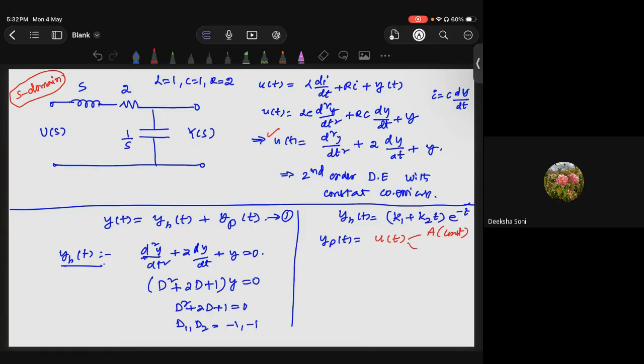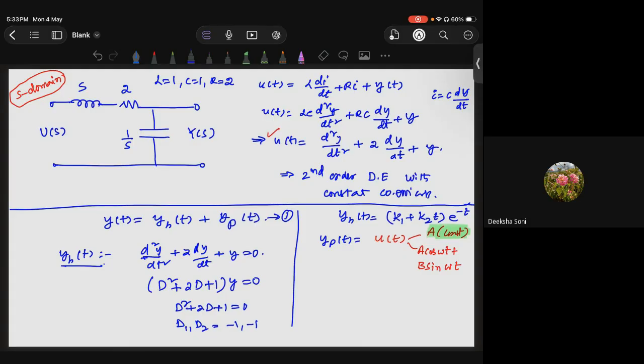If it is an AC source, like sine omega t, we take it as a cos omega t plus b sine omega t. That kind of form we will take. For the time being, take the source as a DC source. DC source means constant source.